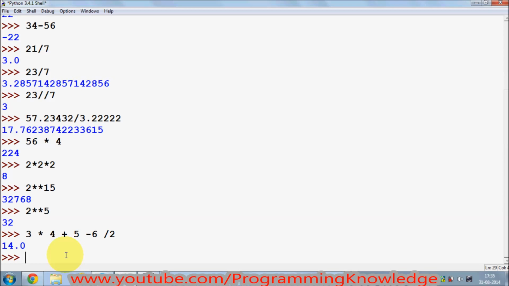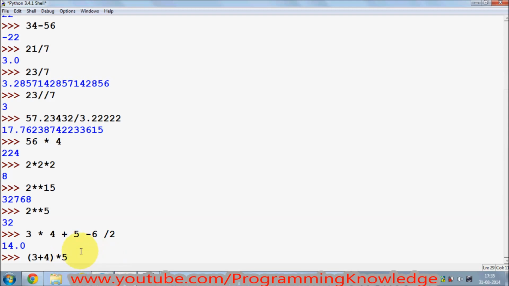So if you want to prioritize something, enclose those operations in parentheses. So if you want to do 3 plus 4 and then multiply by 5, then the priority of this addition is the most important, or this will happen first because this operation is enclosed in parentheses, and then this will happen, okay.